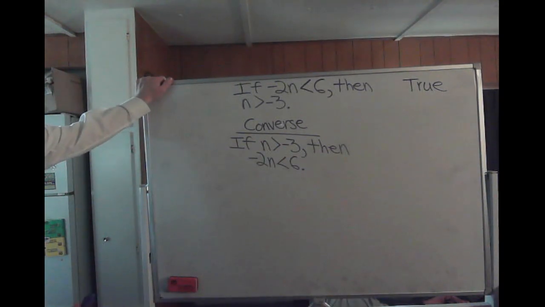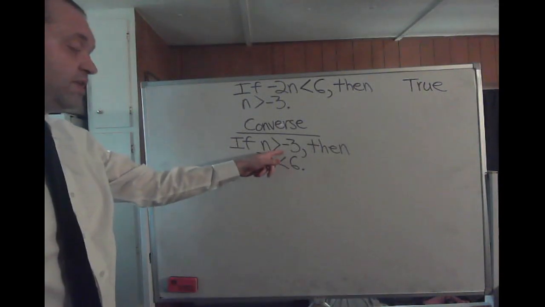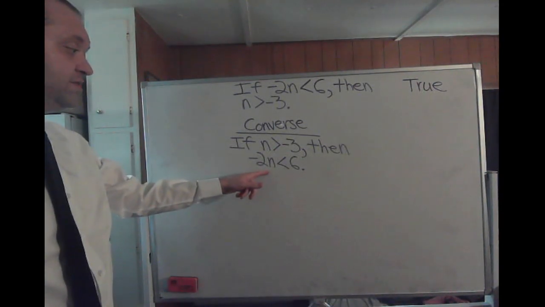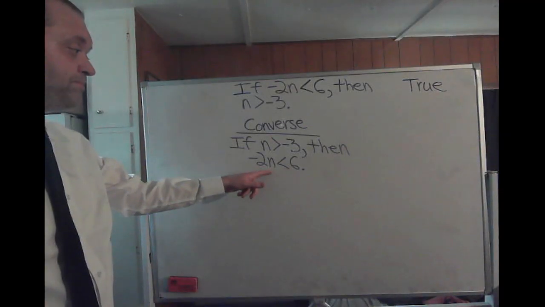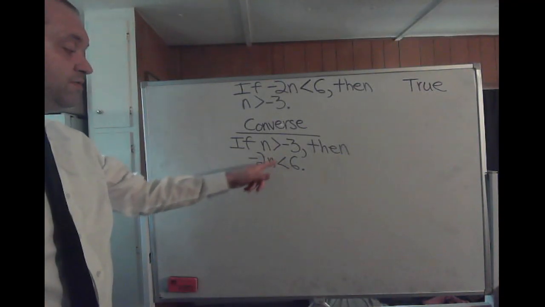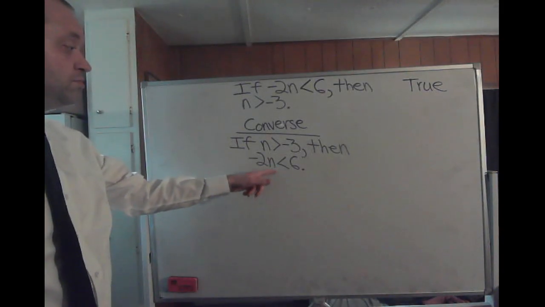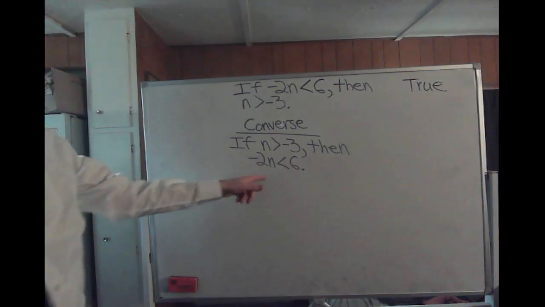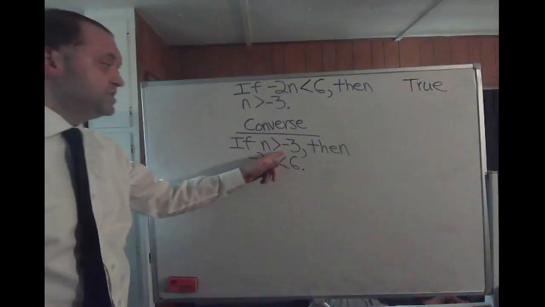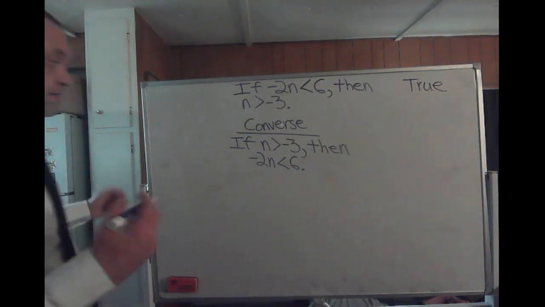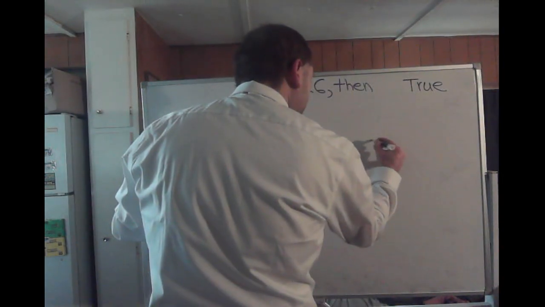What about negative 2? Negative 2 is greater than negative 3, so you put in negative 2, you would get 4. You put in negative 1, you would get 2. Put in 0, you get 0. Put in 1, you get negative 2, so that's actually true. You can test your values here and find that the converse of the statement is true.